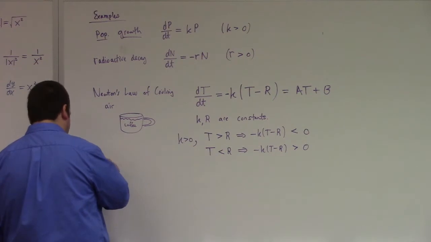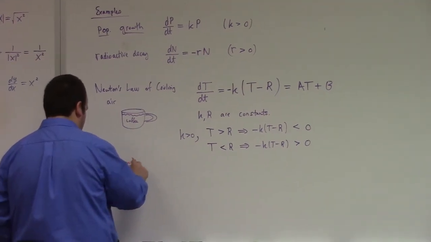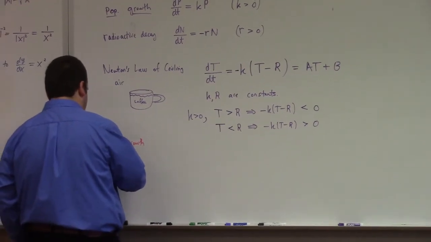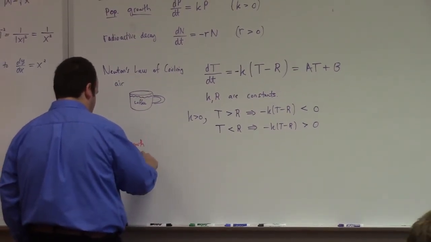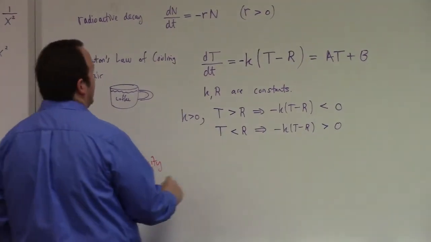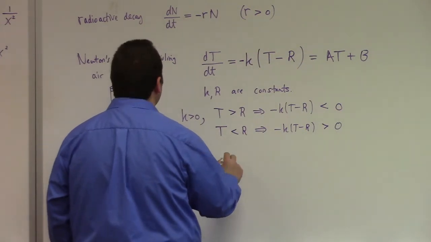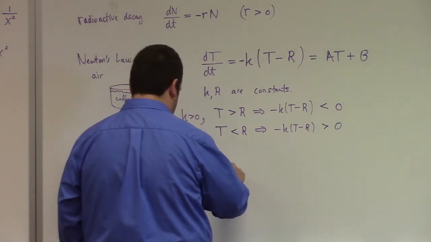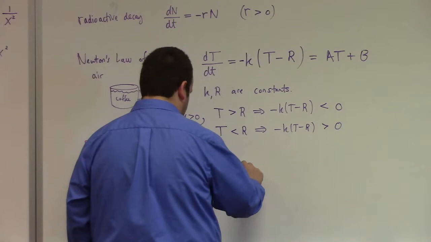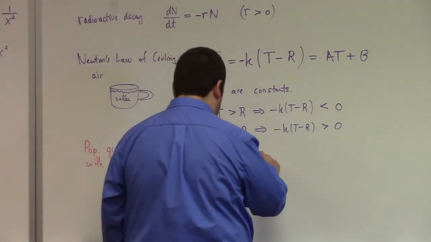But there's a population growth with carrying capacity. So that's something like this, dP/dt is equal to something like kP times 1 minus, let me see if I get this right, I think P over C, if I remember right.